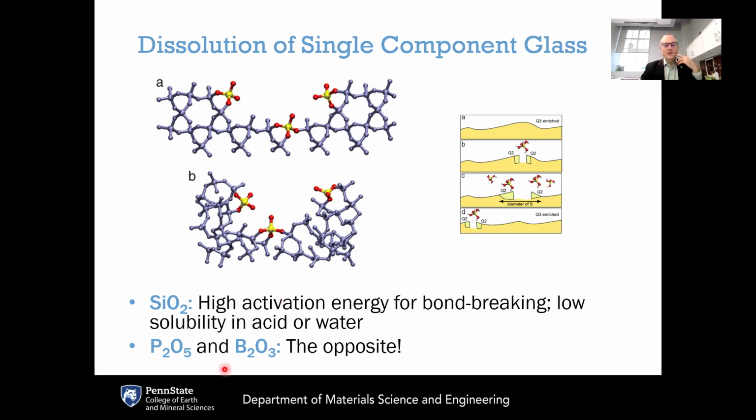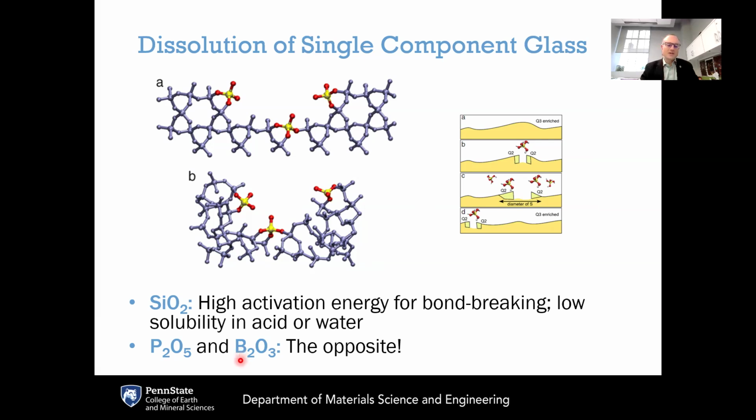With pure phosphate or pure borate glasses, P2O5 or B2O3, the opposite is the case. Both P2O5 and B2O3 are hygroscopic, meaning that they are highly reactive with water and can corrode quite readily in the environment.